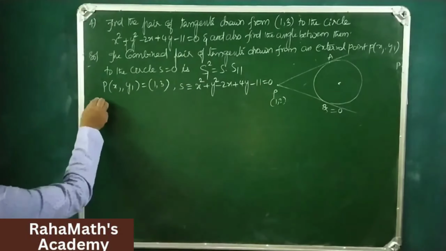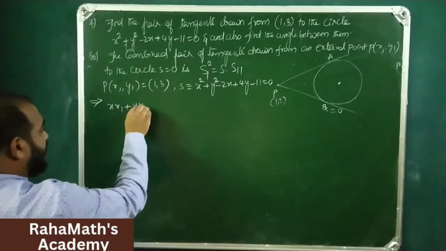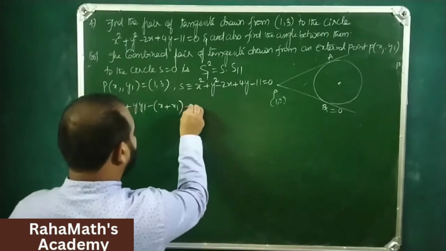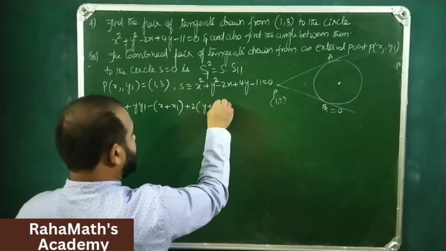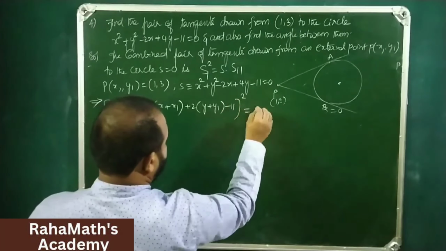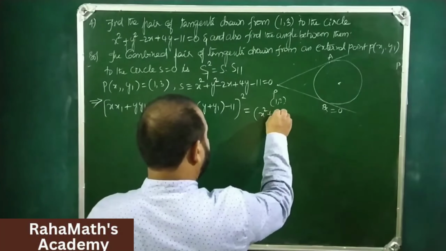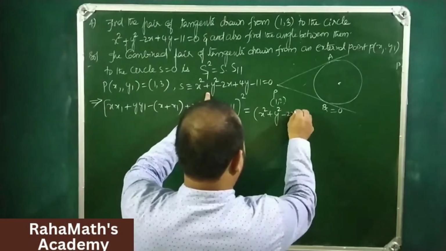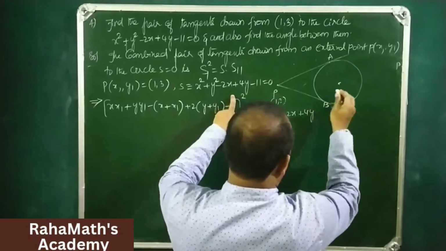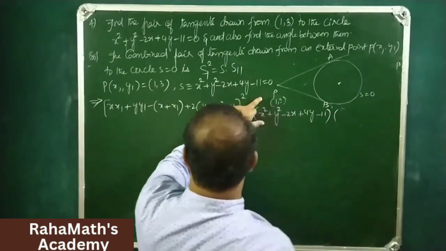So what is S1 square? (x x1 plus y y1 minus (x plus x1) plus 2 into (y plus y1) minus 11) whole square is equal to S into S11. S is x square plus y square minus 2x plus 4y minus 11, into what is S11?